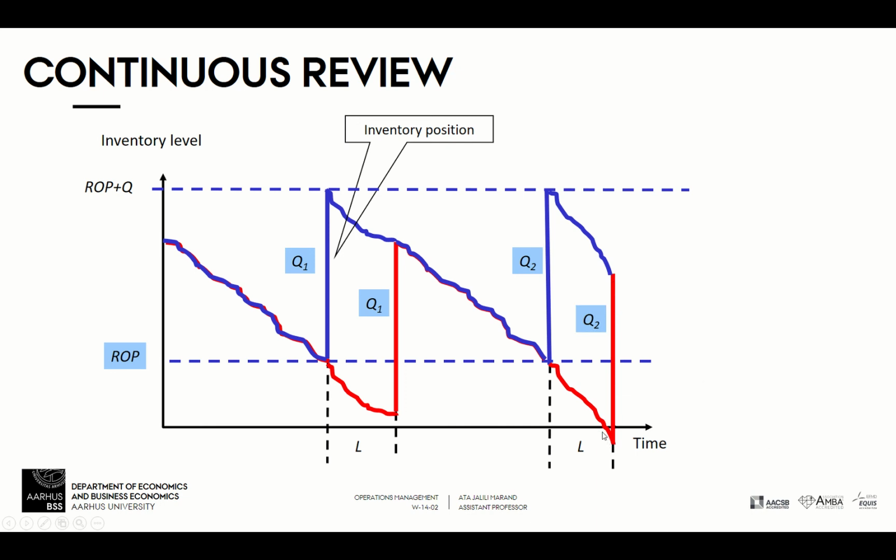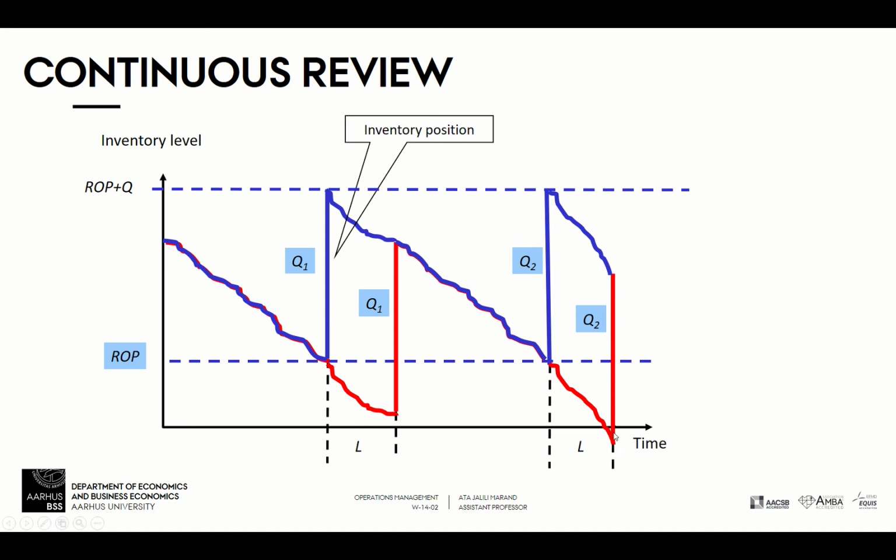But what we can see here is that after this time, inventory level goes negative, so in fact we have no inventory on hand. In other words, all of the demands arriving after this point of time until we receive the next order will be back ordered.